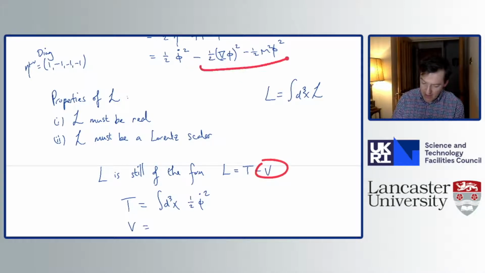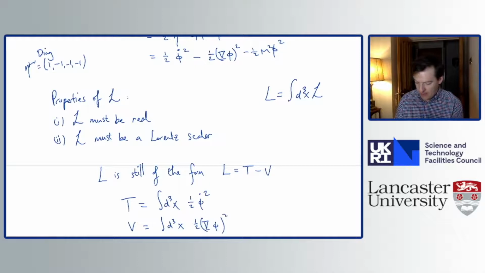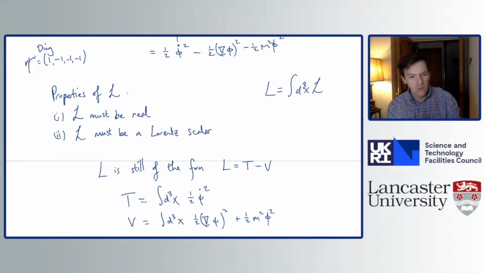So that's our minus V: V is the integral of d3x of a half grad phi squared plus a half m squared phi squared. Very soon, later in this lecture, we'll see how you can find out what the energy is using the energy momentum tensor for a general field theory and how you can calculate it from the Lagrangian.